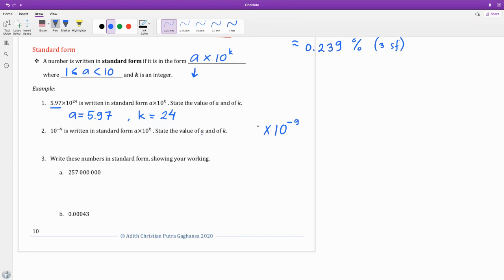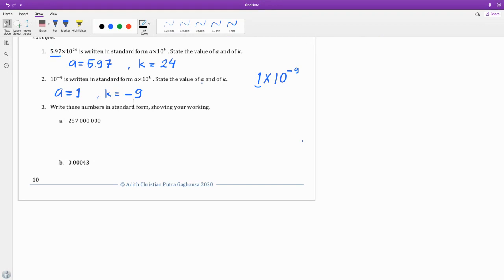If there is nothing in front of it, we have 1 actually. Therefore, a equals 1. And then k equals negative 9. When the value of k is negative, it means the number is very, very small. And when the value of k is positive, it means the number is very large.